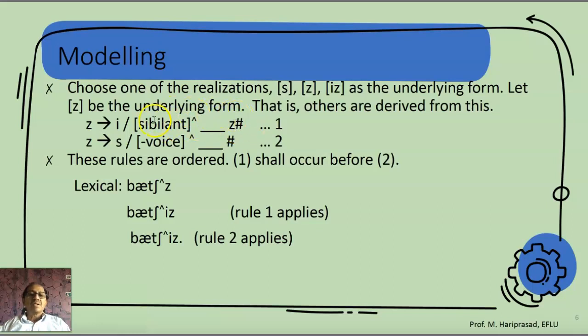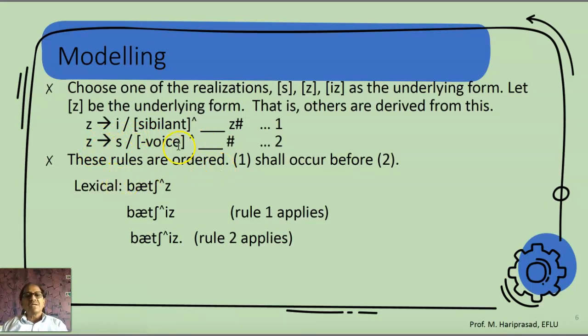This is your e-insertion rule. Then you have z becoming s in the context of minus voice, that is, a voiceless sound. Voiceless sounds are p, t, k, s, ch, sh, followed by a morpheme boundary and a word boundary. So if there is a voiceless sound before the plural morpheme, the plural morpheme is realized as s.